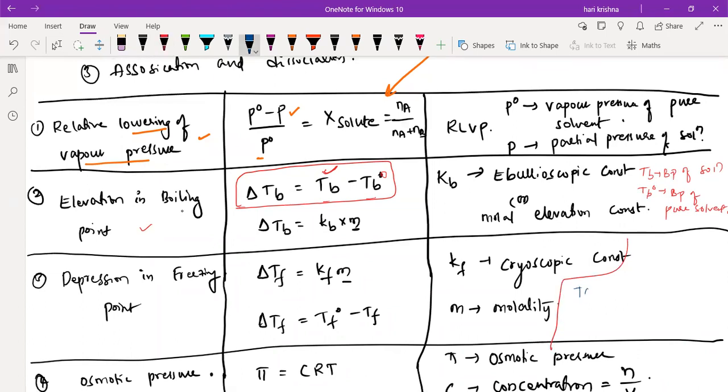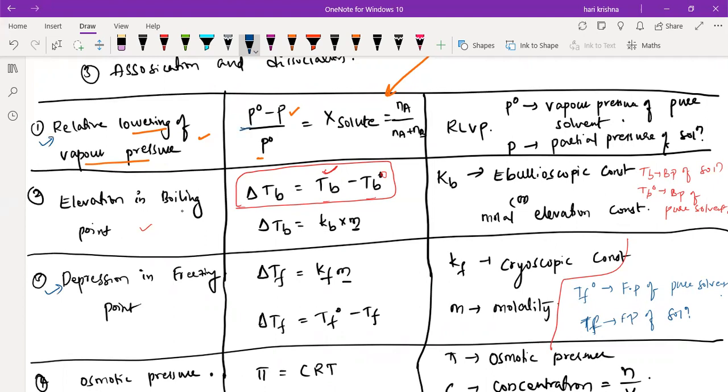Here also, TF naught is the freezing point of pure solvent. TF is the freezing point of solution. So in the case of TF, it is depression in the freezing point, or lowering in the freezing point.